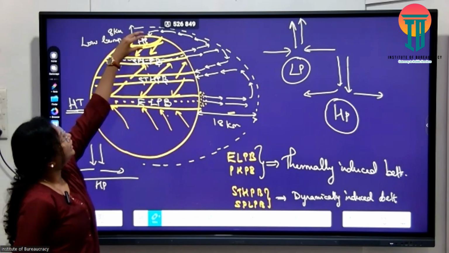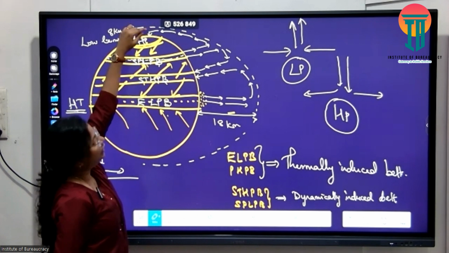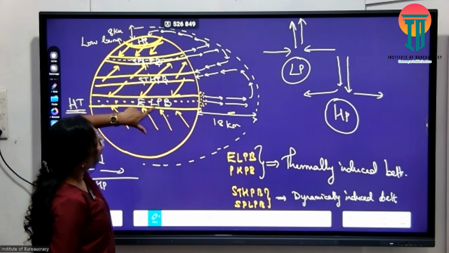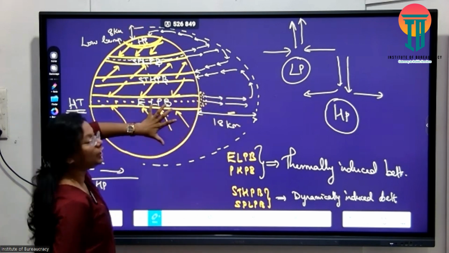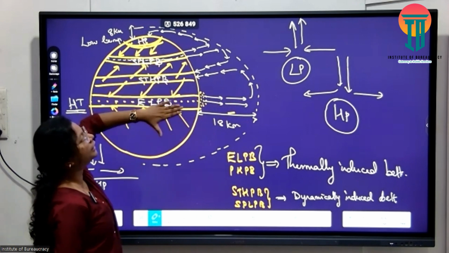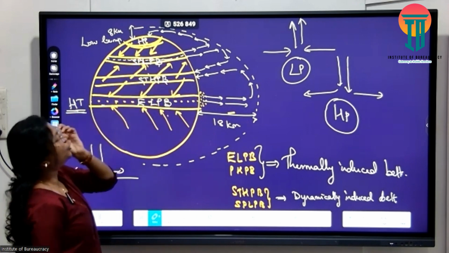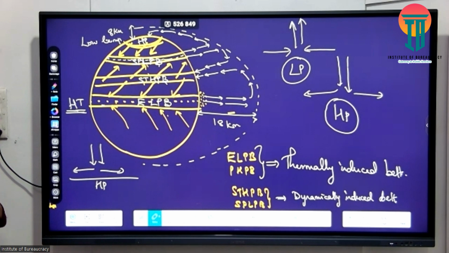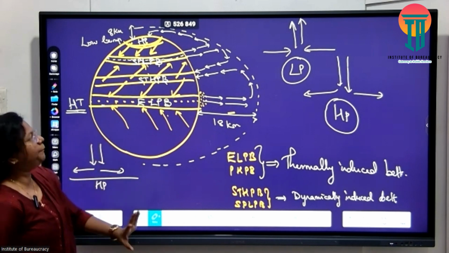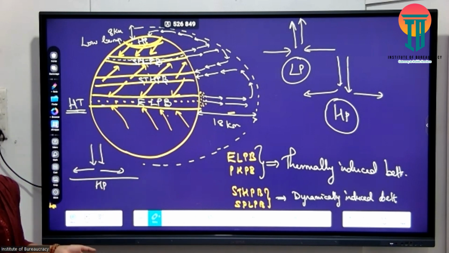Okay, so here cold air sinks down, therefore high pressure. Here warm air ascends up, therefore low pressure. These two alone are thermally induced belts, the remaining two are dynamically induced belts, meaning apart from temperature, air dynamics determines the nature of the pressure system, right?